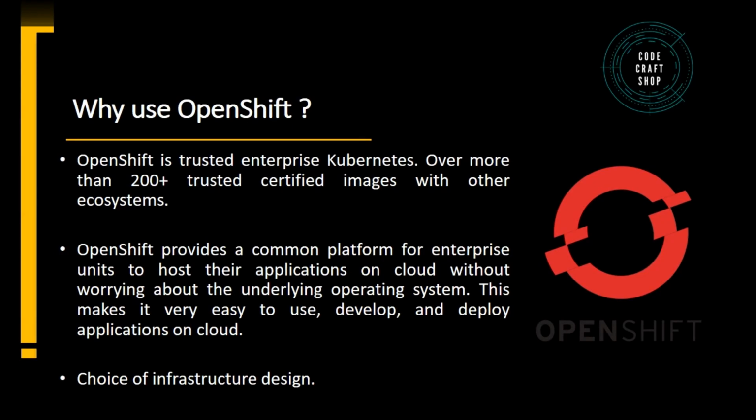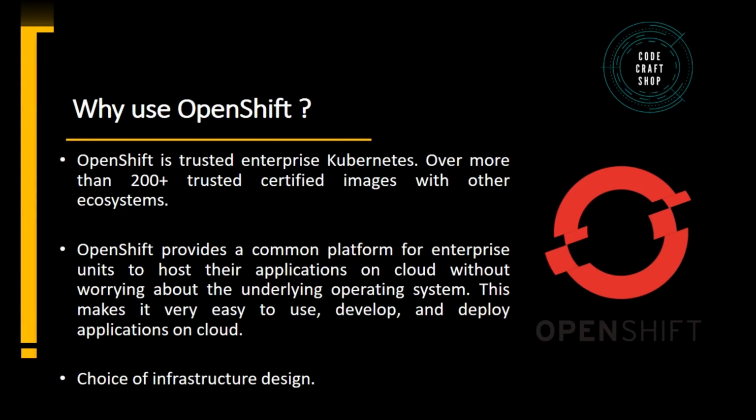Another key point is OpenShift provides a common platform for enterprise units to host their applications on the cloud without worrying about the underlying operating system. This makes it easy to develop and deploy applications on the cloud. What it means is, in the market there are a lot of companies, and every company has its own requirements.